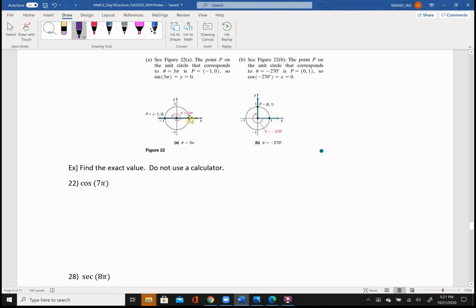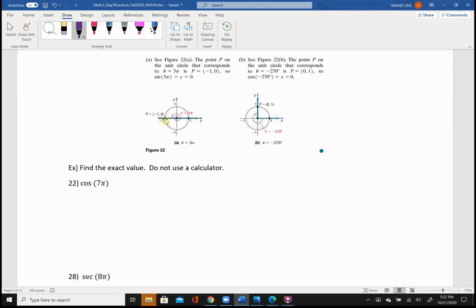So from here, go one more pi's distance, and then here is where 3 pi rests in terms of the terminal side.